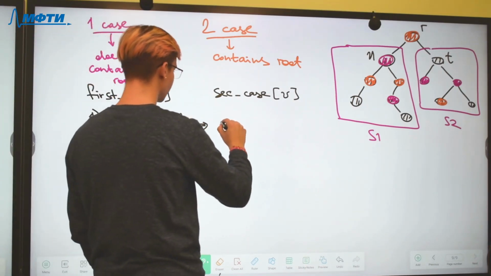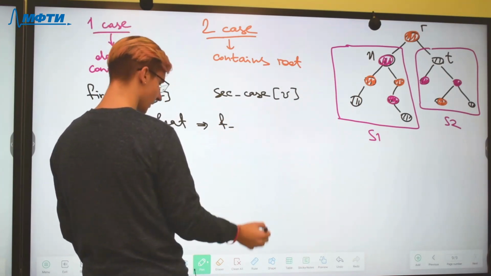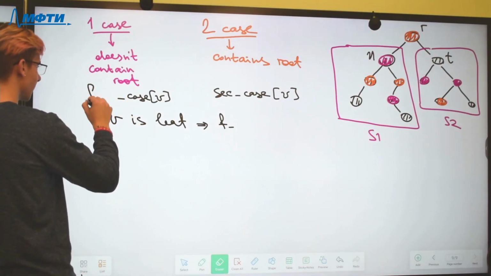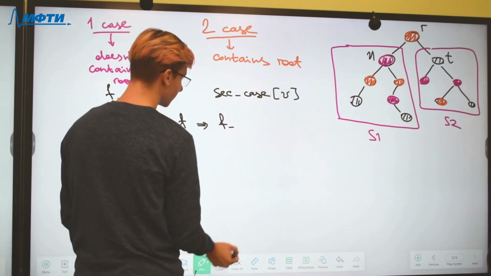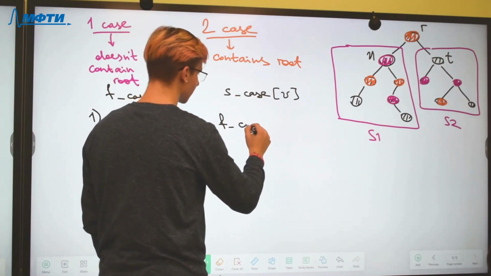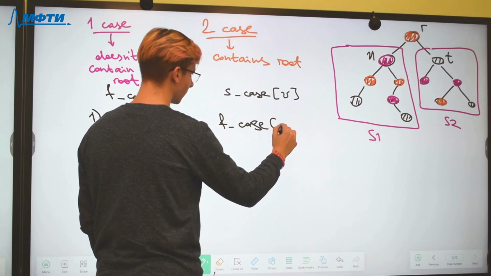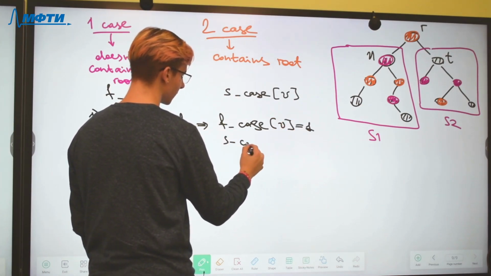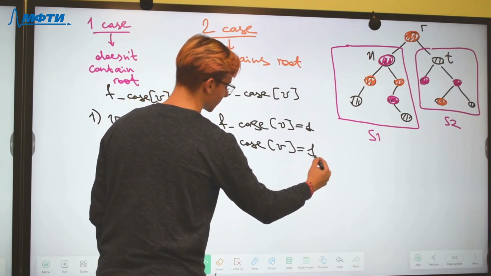So, first case, I write it shortly to save my time. Our first case of V equals 1. Second case of V equals 1, 2.